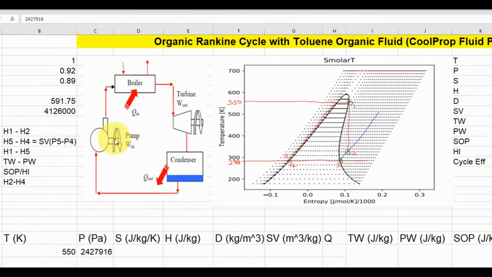This is the process diagram of a simple organic Rankine cycle, and this is the TS diagram of the Toluene Organic Rankine cycle.